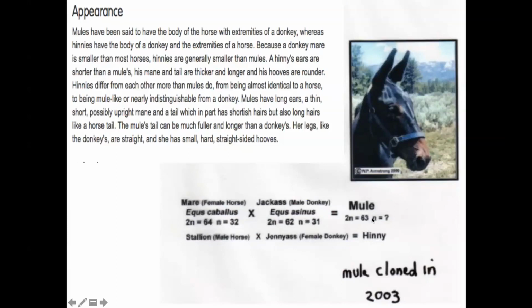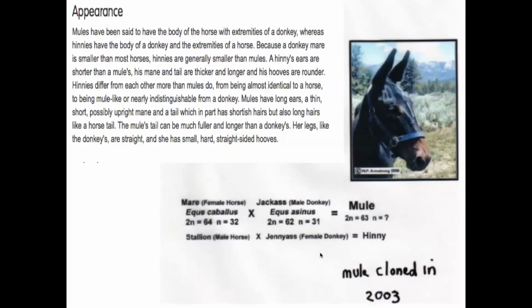You can also perform the reciprocal cross, and the reciprocal cross would be a male horse and a female donkey. In that case, you generate a sterile hybrid offspring. But in this case, instead of calling them mules, they call them hinnies.